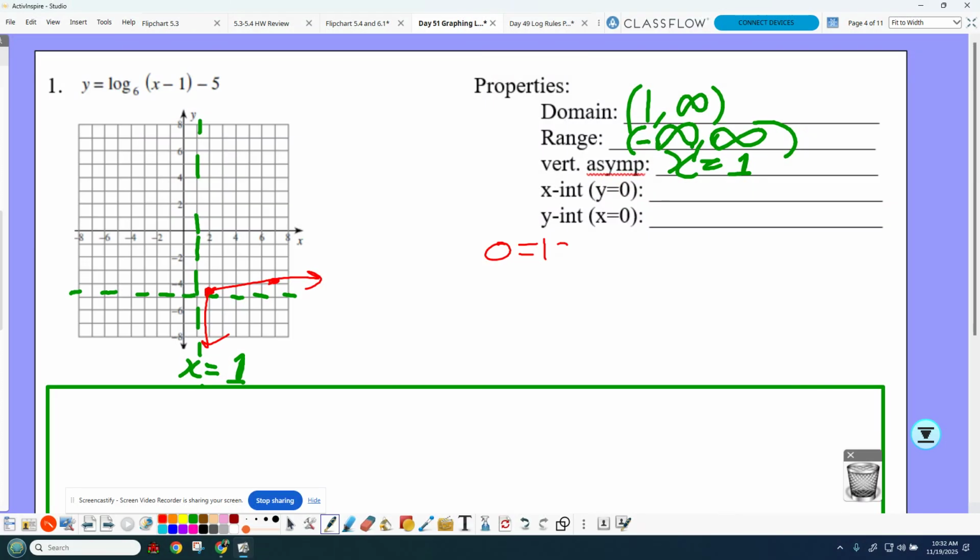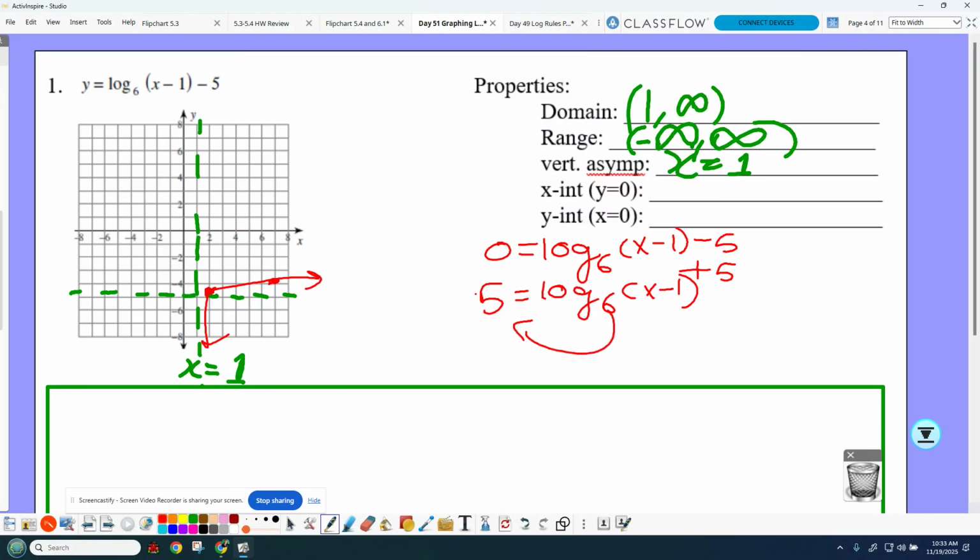What do you think? Doesn't have one. You could go through and calculate, but when we plug in 0, we get natural log of 6 of -1. We can't do log of negatives. We can't do log of 0. So it doesn't have one. But looking at Tim's graph, no, it doesn't.